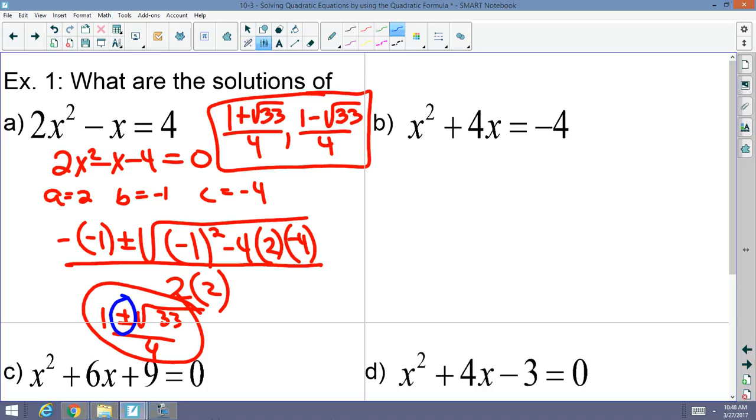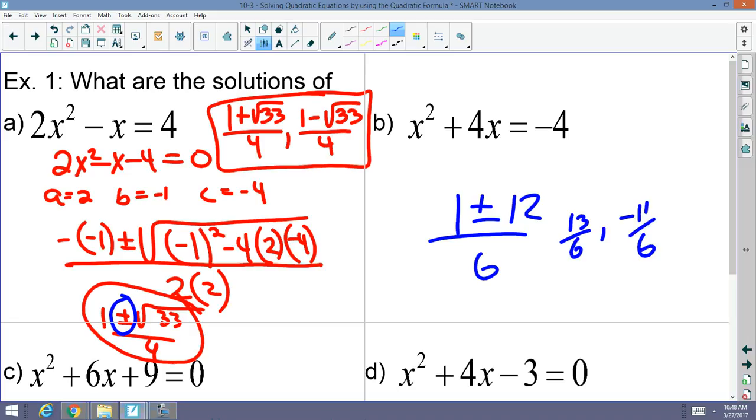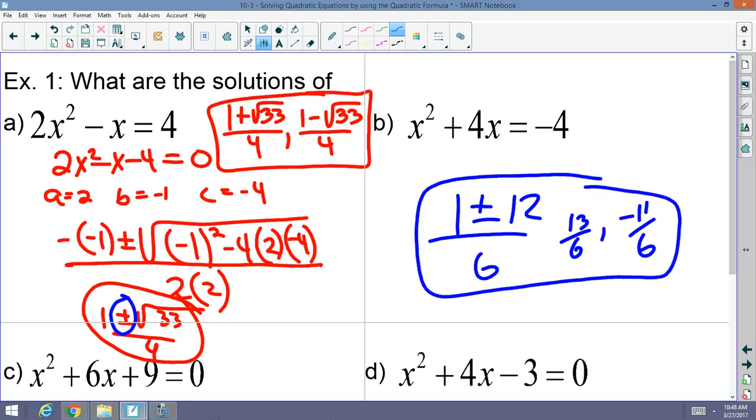For example, I may have 1 plus or minus 12 over 6. If that's the case, then I want the values. 1 plus 12 would be 13 over 6. 1 minus 12 would be negative 11 over 6. This has nothing to do with what we just did, but I'm just letting you know that sometimes if you have an actual value, I need to actually figure it out. I need to find it.